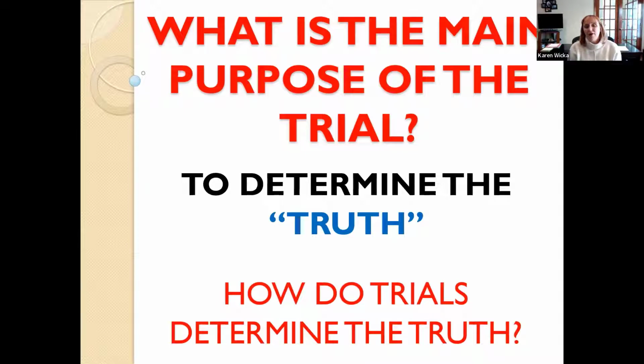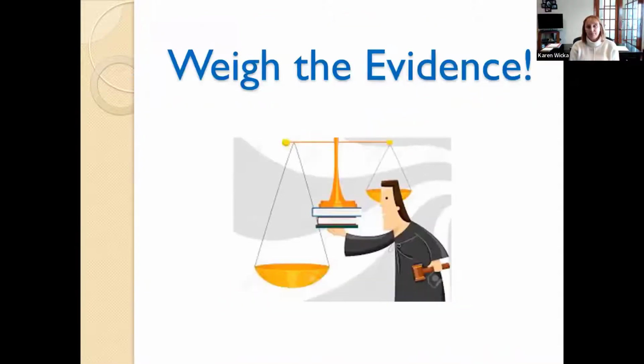So then we have to think about, how do trials determine the truth? What exists at trials that lead us to finding the truth? Well, we find the truth by weighing the evidence. Remember, we are what is called an adversarial system.